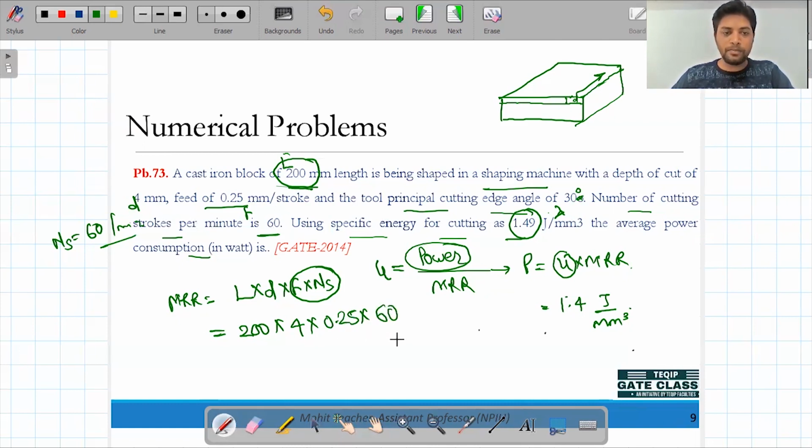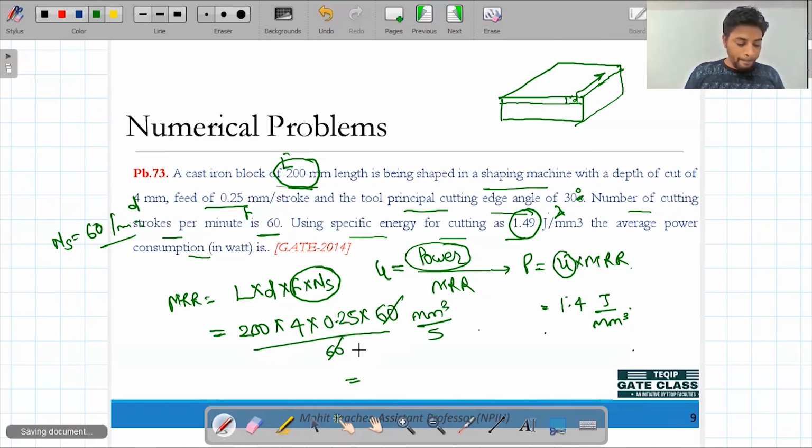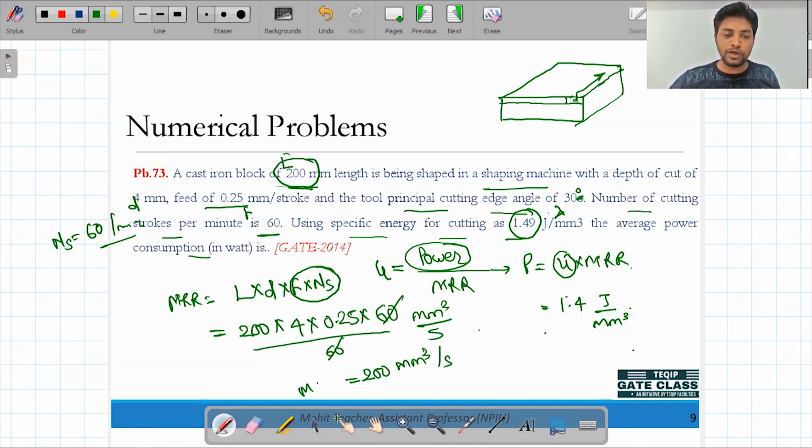This is per minute, so I am calculating per second. This will be mm cube per second, and the 60 will cancel out, and from here I am getting 200 mm cube per second. This is the material removal rate.